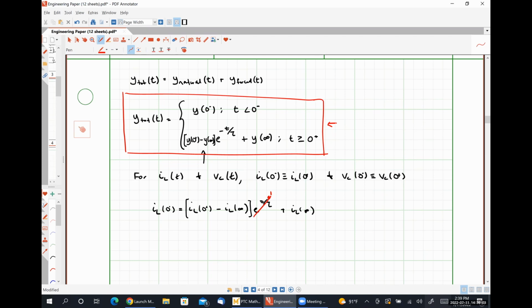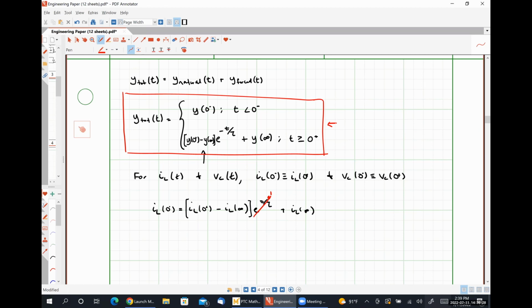Now I want to explain something here, because a question that I get asked literally every quarter is, how do I know whether or not to use this expression, which includes a forced response portion, or whether to use the generic expression that we developed earlier, which does not include this y at infinity stuff.